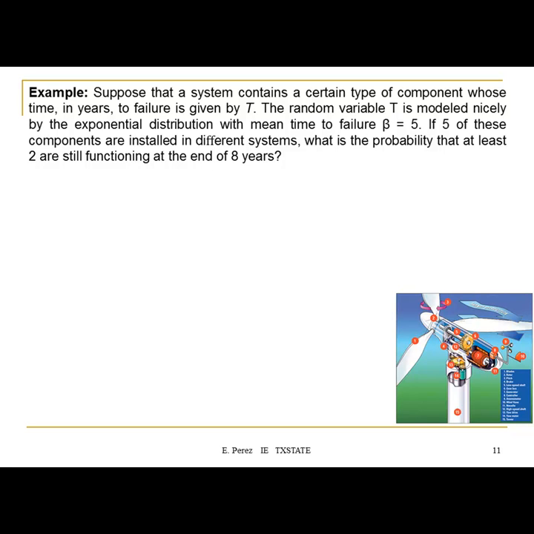As I mentioned a few minutes ago, I do research on the reliability of wind turbines.